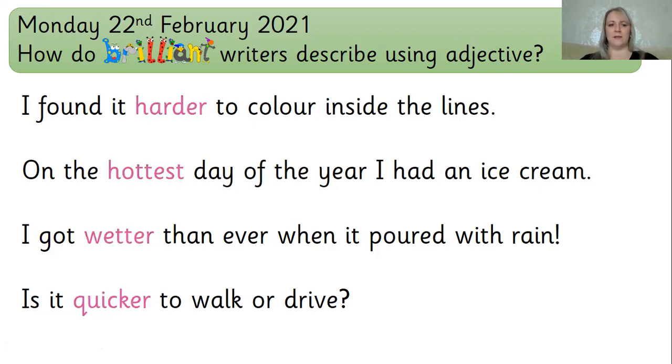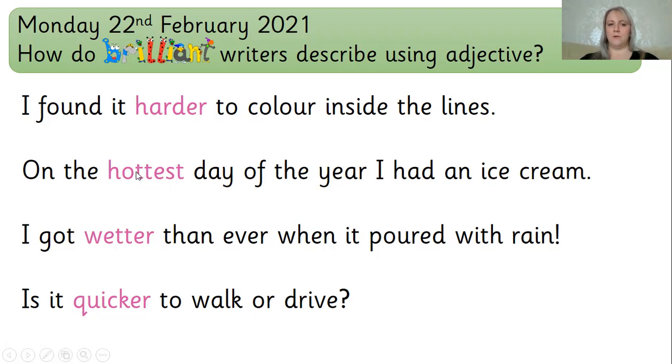Fantastic. So hopefully you have spotted these words. We have harder. So the root word was hard, and we changed that word to harder by adding the suffix er. The second word that I used was hottest. And again, the root word was hot, but this time I've added est to tell us it was the hottest day.